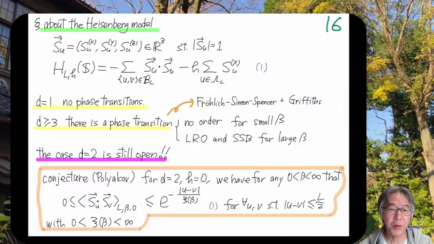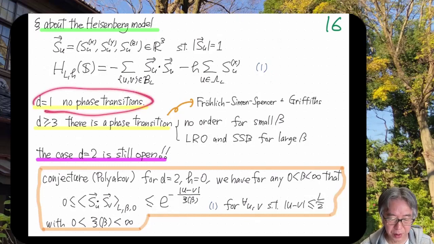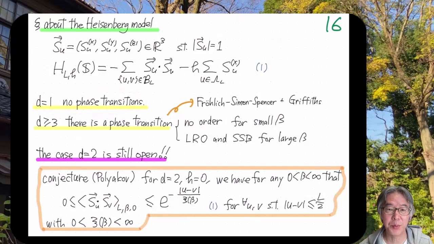Before closing this lecture, I want to mention one thing about the Heisenberg model. As we said, this is the Heisenberg model, I hope you remember. We do not discuss this very important model, but let me say what is known. In dimension 1, there's no phase transition, and you always have exponential decay.